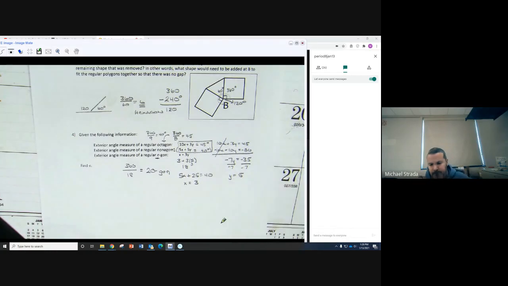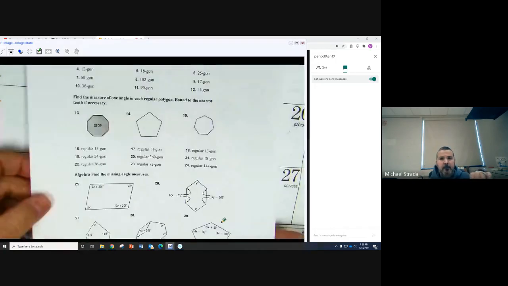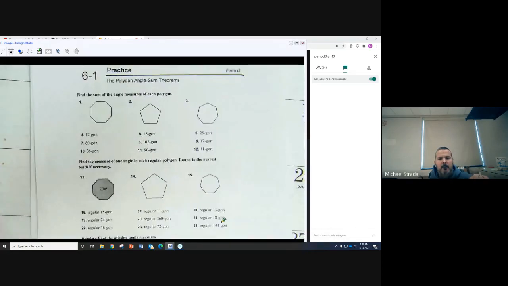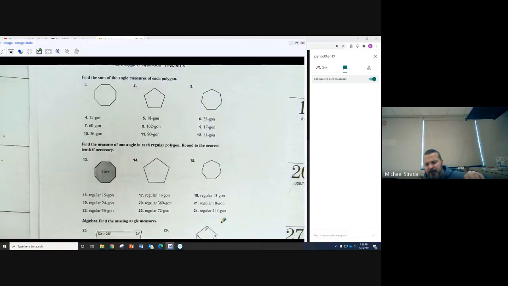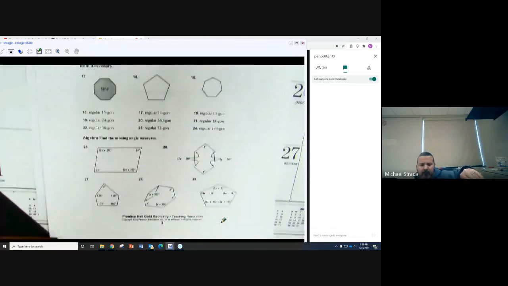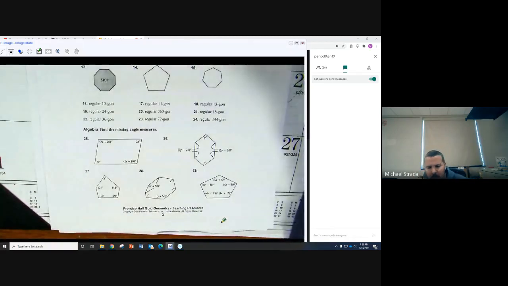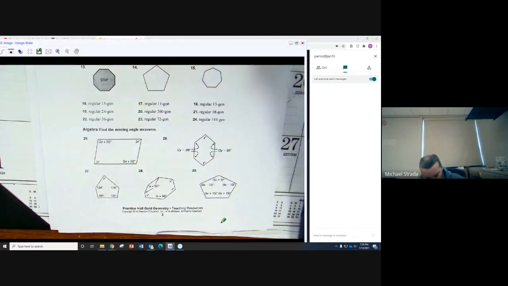Everybody good? Okay, so your homework tonight, 6-1 practice. For 1 through 24, you really don't need to show work, you're just plugging in. 25, 26, 28, and 29 are the ones you're showing work for, because those are the ones solving equations. 27, you don't really need to show work if you don't want to.